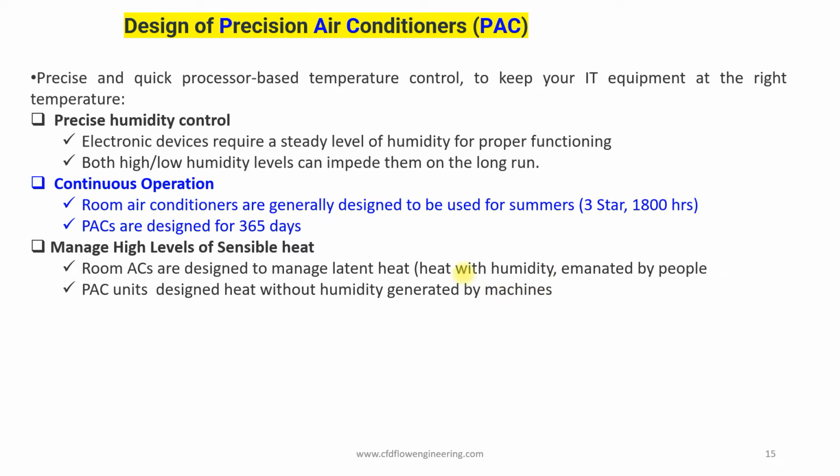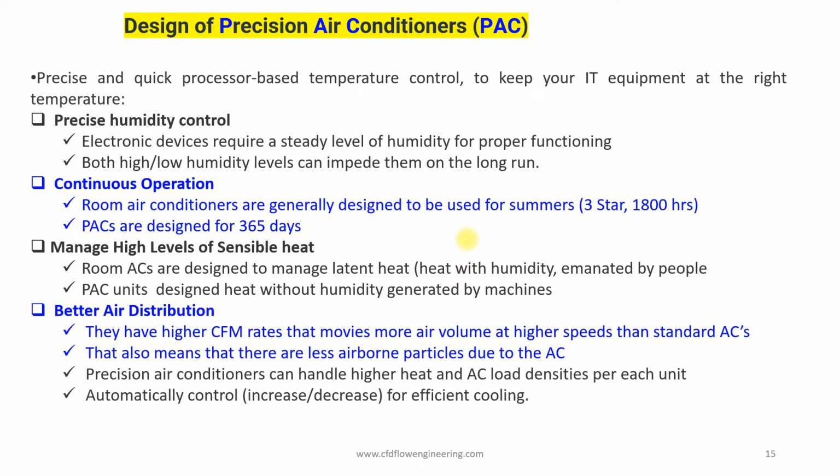The majority of heat load is sensible heat load. PAC units have a higher flow rate compared to the room air conditioner, and it has automatic control for efficient cooling.